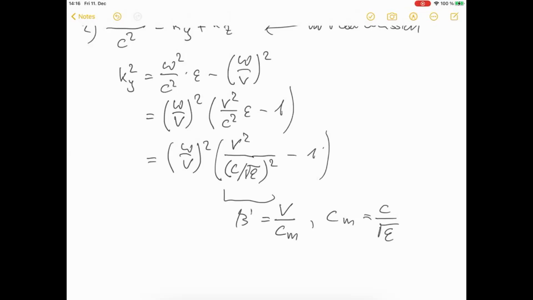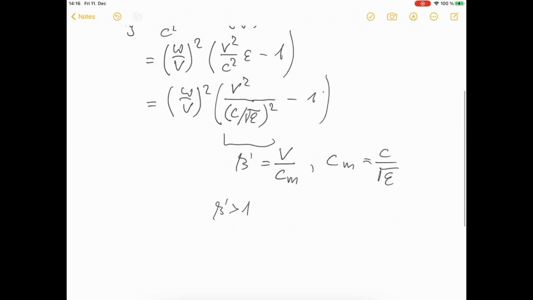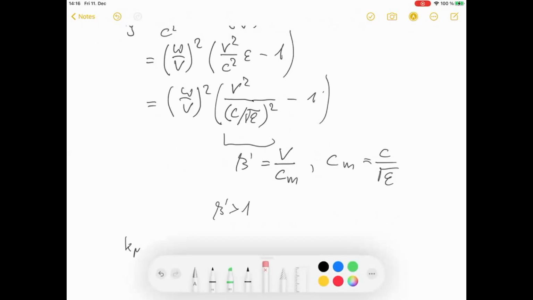Just that you know, beta prime can be larger than 1. For real emission, it has to be larger than 1. We write, therefore, k, it's not ky, k mu, I am so used to writing momenta.